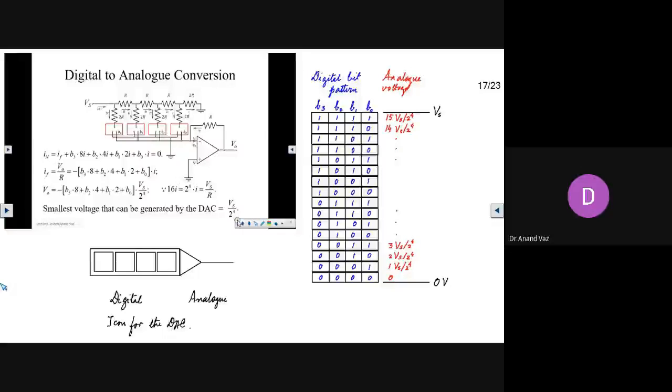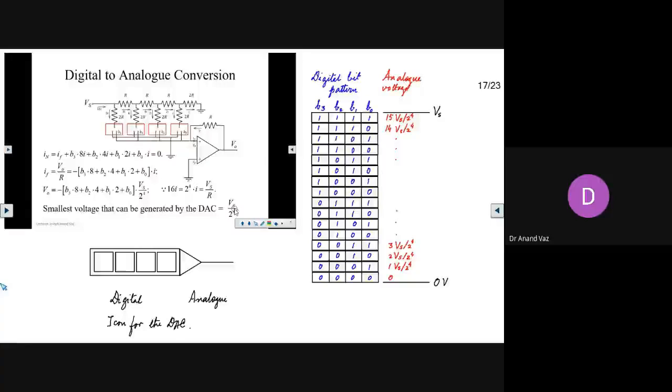And if you have 12 bits, you can go Vs divided by 2 raised to 12, that is Vs divided by 4096. And that is really small. So you can go up to millivolts, maybe even smaller. So that is how you can get very, very fine voltage steps using this digital to analog conversion.